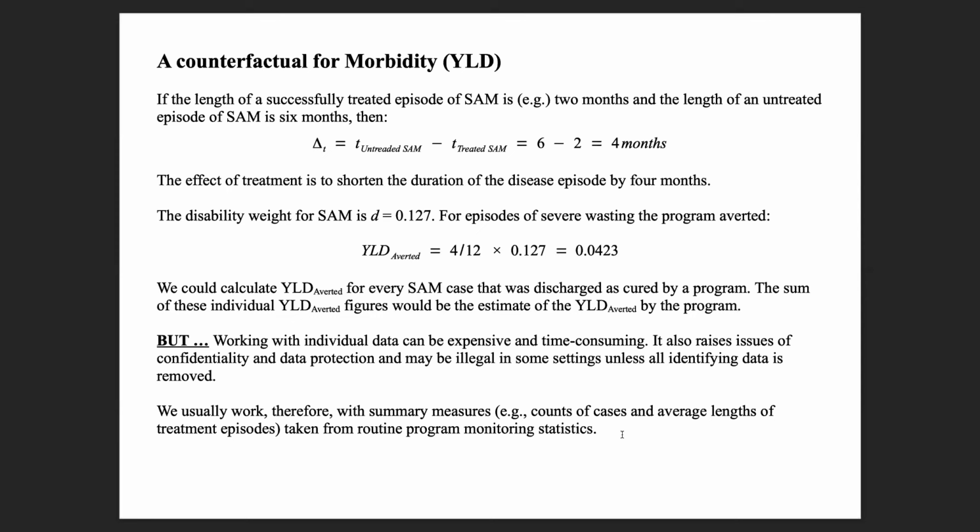It may be illegal in some settings, unless all our identifying data has been removed before we analyse it. We usually don't like to give individual patient data to analysts. So we usually work with summary measures, counts of cases, average lengths of treatment episode, average age of admission, those sorts of things, taken from routine program monitoring statistics.